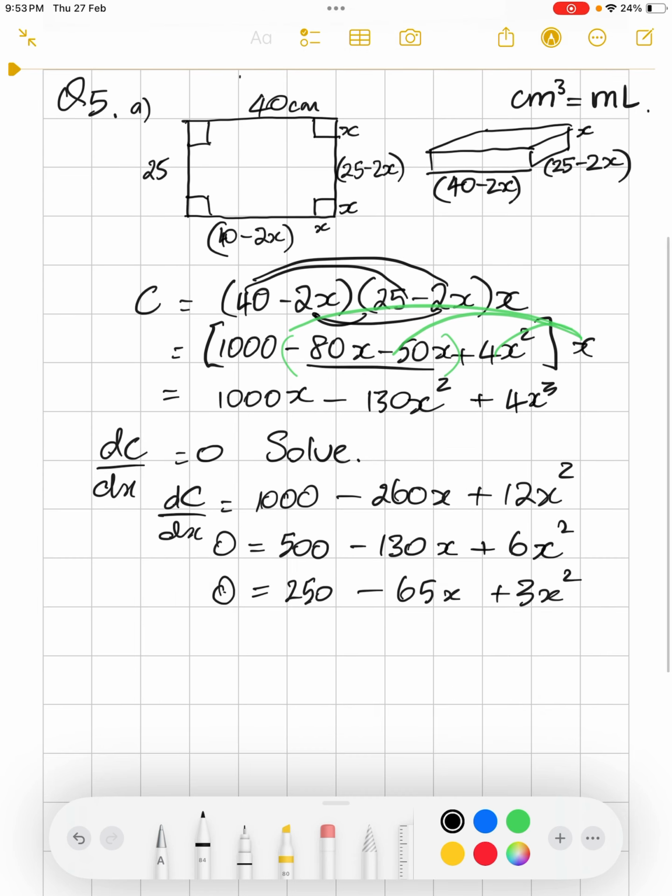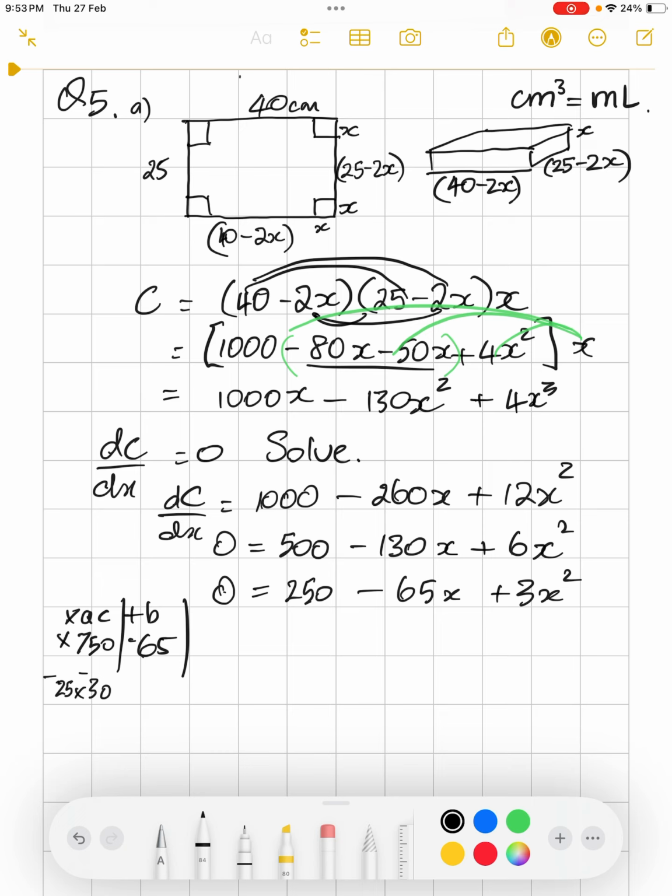Okay. Now, if we factorize this, we've got a times c is 3 times 250, so 750. We need 2 numbers that multiply to give ac and add to give b, which is negative 65. Let's look at our factors here. 25 times 30 would give 55, not 65.